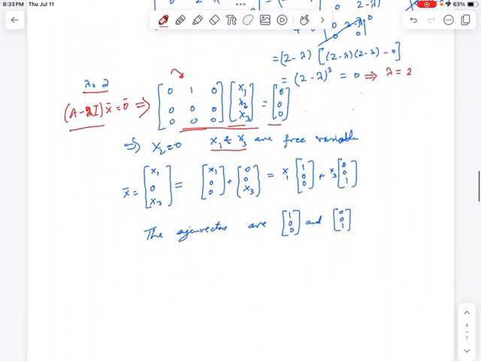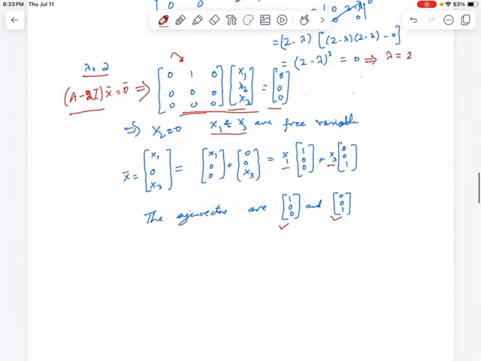So I write my eigenvector x as (x1, 0, x3), which can then be split into x1 times (1, 0, 0) plus x3 times (0, 0, 1), factoring out x1 and x3, and our eigenvectors are these two. So we had only one eigenvalue here, and we have two eigenvectors for that one eigenvalue. This is how you find the eigenvalues and the eigenvectors.